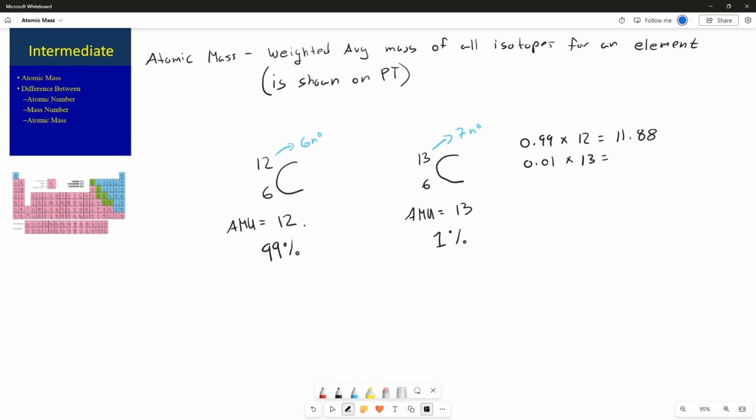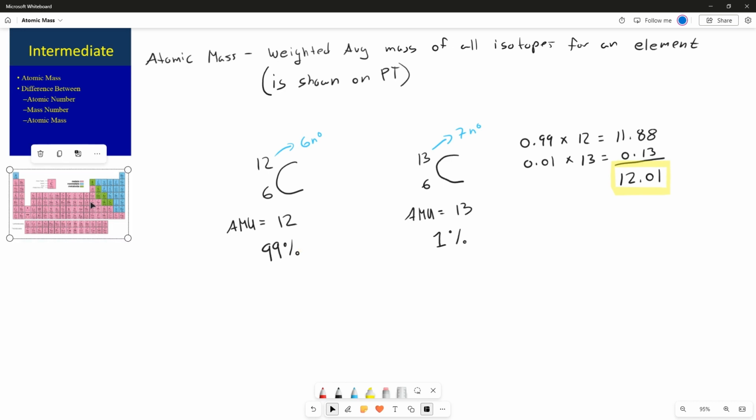So 0.01 times 13 comes out to 0.13. And you add up all these pieces. So 11.88 plus 0.13 comes out to 12.01. Well, 12.01 should be the atomic mass for carbon because it's the average mass, and we took into account the weight of the isotopes, the percentages of the isotopes.